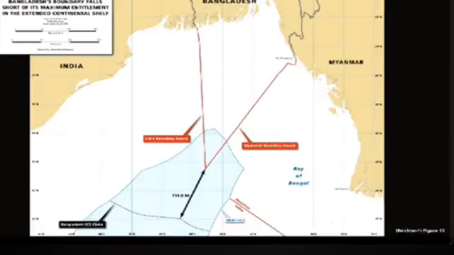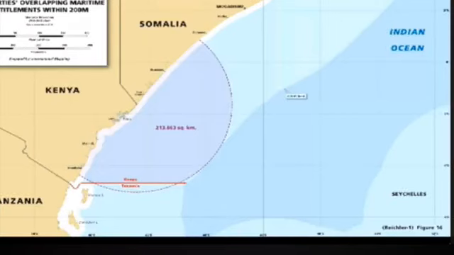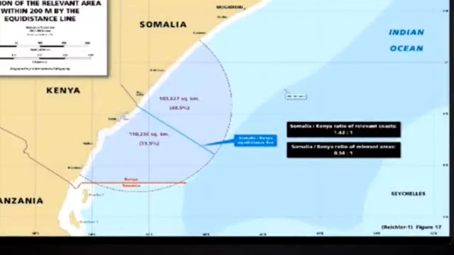It thus constitutes the relevant area for purposes of delimitation of the maritime boundary within 200 miles.